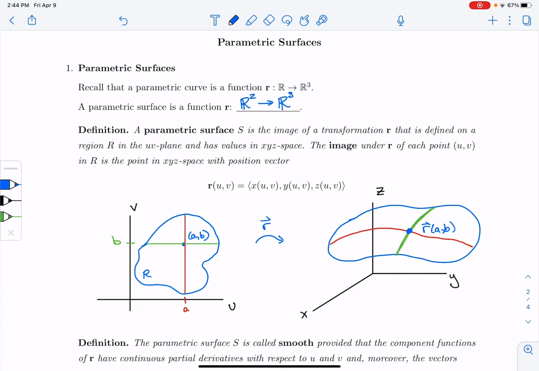I could drop a little vertical line down to the xy plane, and then this point here in the xy plane would be the point x of AB, y of AB. And then the height of that point is given by z of AB.